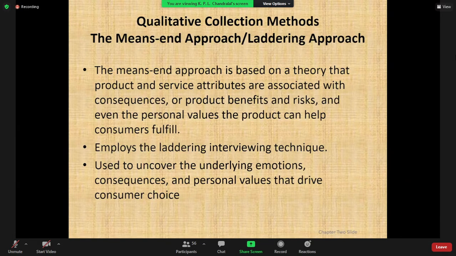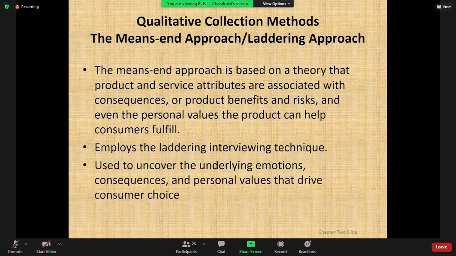Sometimes customers think that's the major reason they purchased, the means. But at the end of the interview, you may come to the end. That means why actually, even if the person may not be aware, eventually you try to identify why that customer actually purchased.